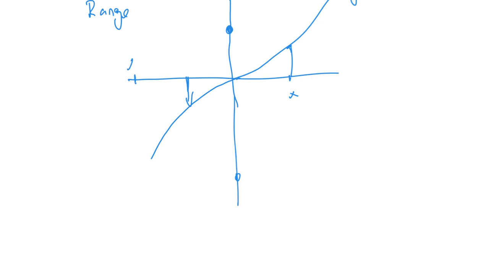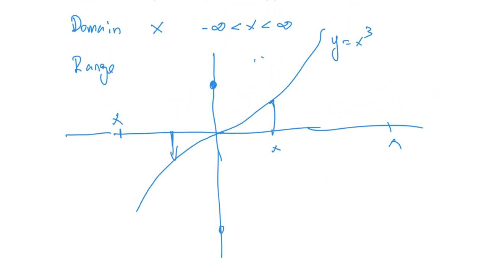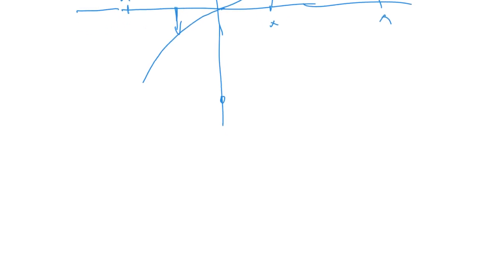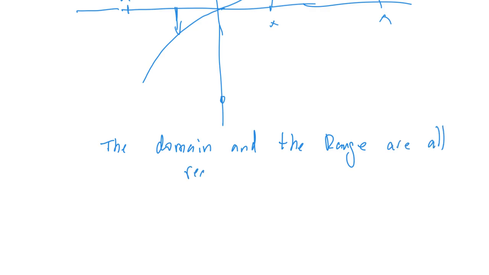If you take an x very far, like here, you can arrive at any y. So the range is y between minus infinity and infinity. So at the end, the domain and the range are all real numbers.